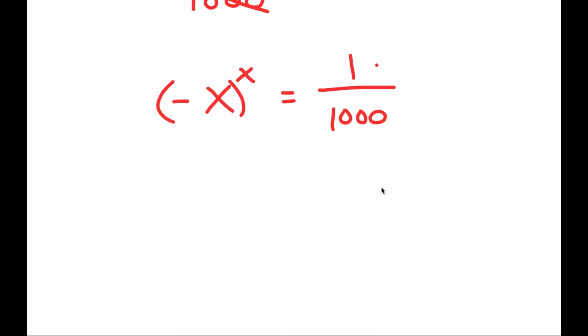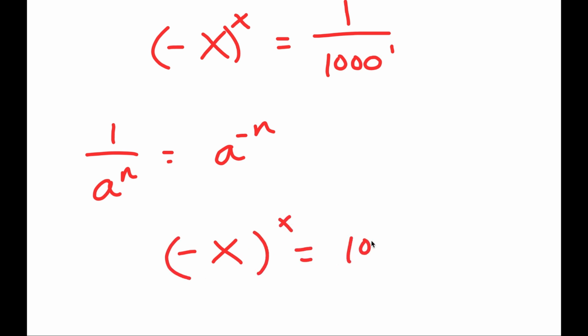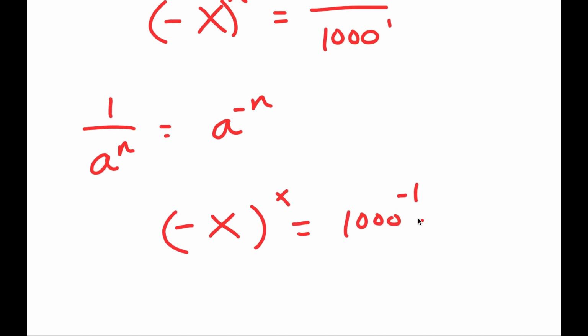Now from here, if I have something in the form 1 over a to the power of n, this is the same thing as a to the power of negative n. So in this case, this is the same thing as 1000 to the power of negative 1.